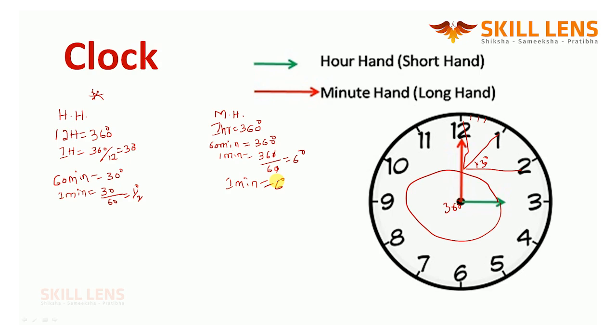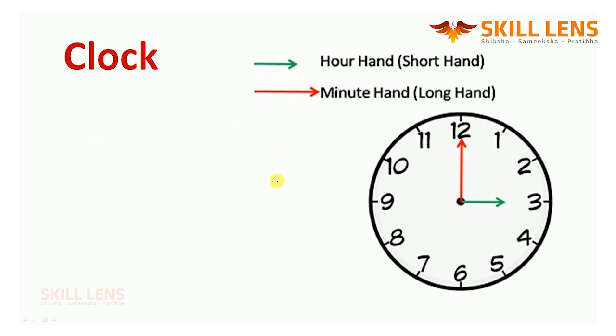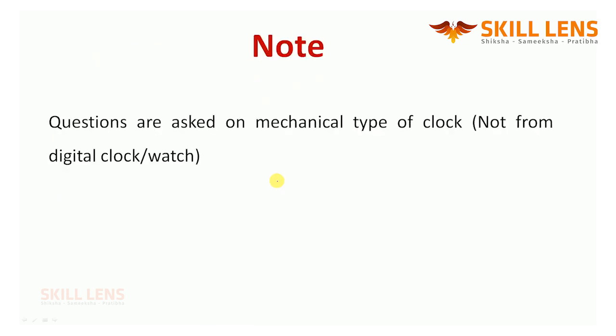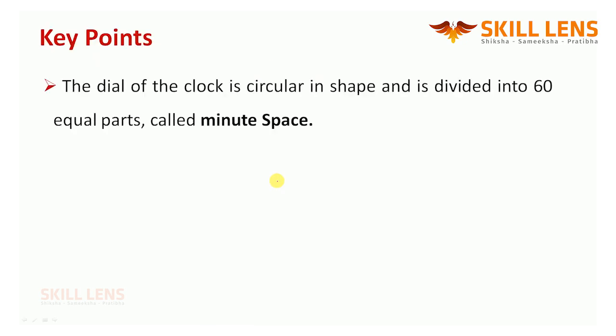After this we need to understand a few more basic points. So 60 spaces trace an angle of 360 degrees. 60 equal parts will be there throughout 360 degrees.